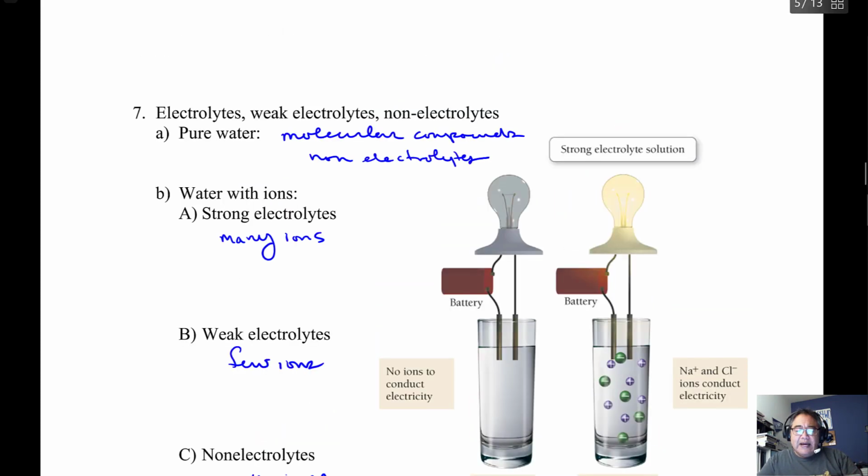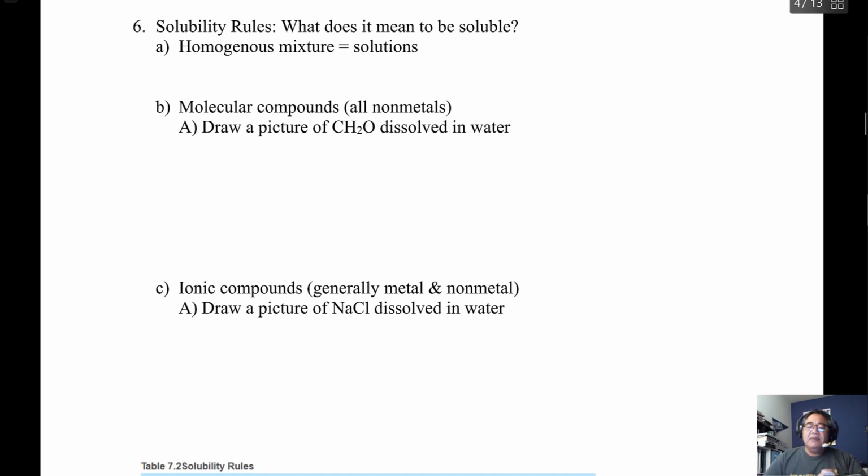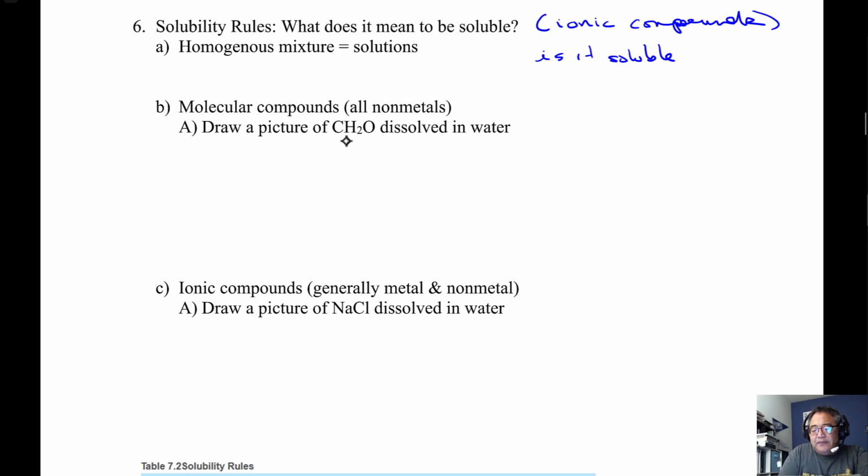Okay, so let's go back and talk about how we know when something's going to be an electrolyte. For ionic compounds, it boils down to whether or not the ionic compound is soluble. So, for example, this is formaldehyde.